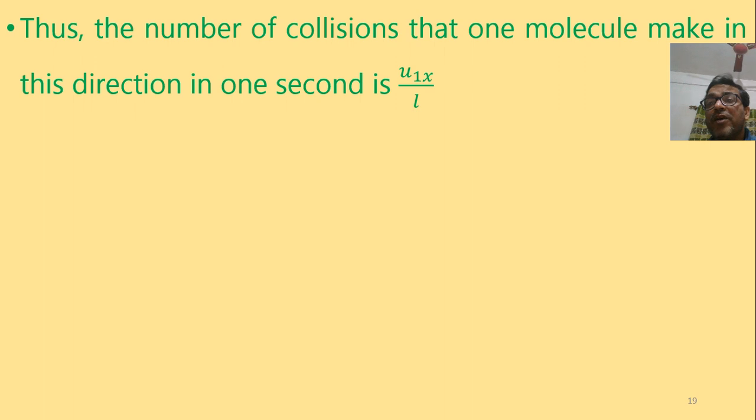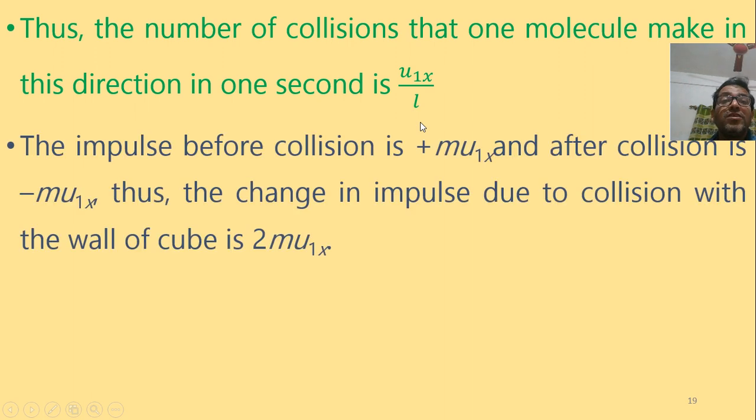That's why we say the velocity along the x direction of this particular molecule number one is u1x, divided by L, the distance between two collisions. So in 1 second, the number of collisions that can happen is u1x by L, right? So this is in 1 second.